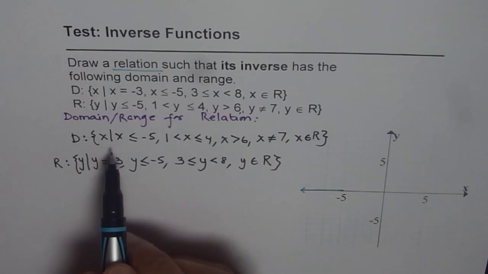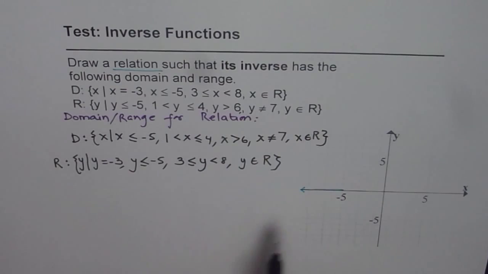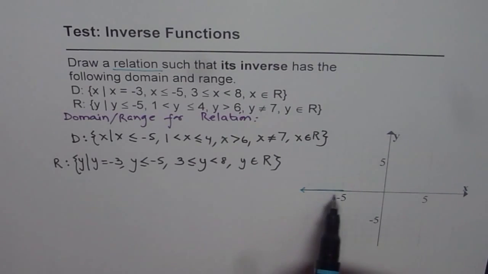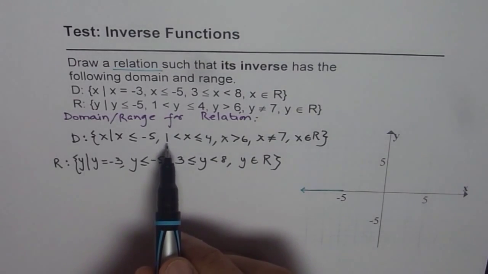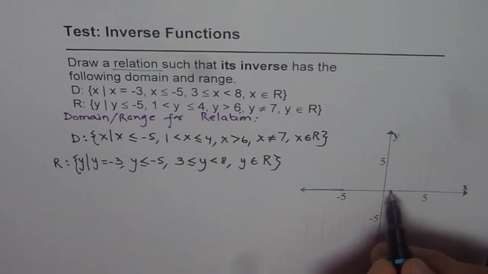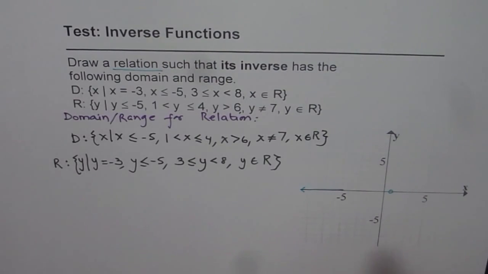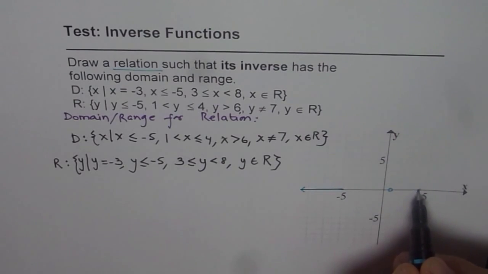So first, let's analyze the domain. It says x is less than or equal to -5, so that is 1, right? On a number line you can say, well, these are my points included for the domain. Then we have x which is greater than 1 but less than or equal to 4. So 1 is not included, so let's say this is 1 and I'm putting a hole there, and 4 is before 5, so we'll just fill it up.